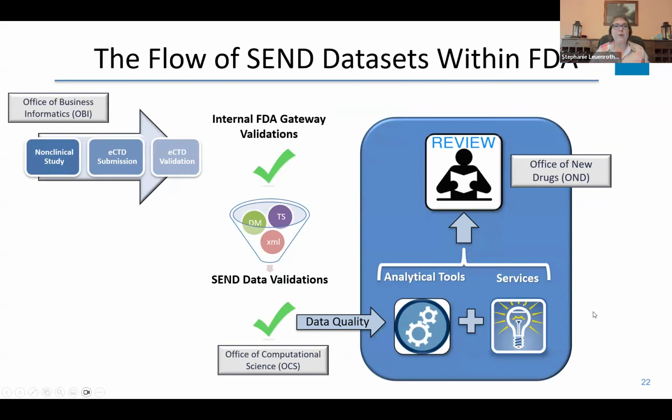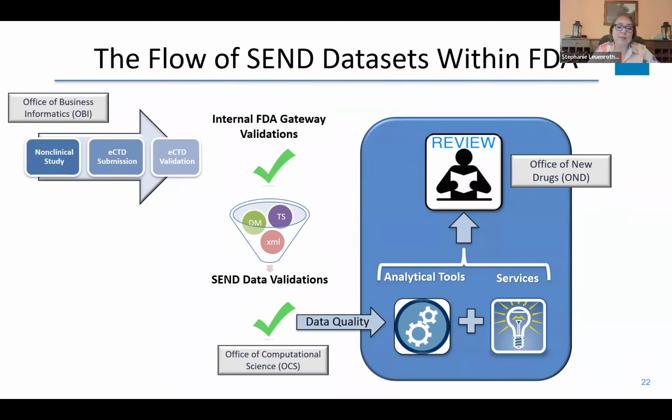So again, just to think about the flow of SEND data sets within FDA, SEND data sets and, of course, the important study report come in through our gateway. The Office of Business Informatics will put that through standard validations, both looking for SEND requirements where that is needed, as well as for eCTD validation criteria.